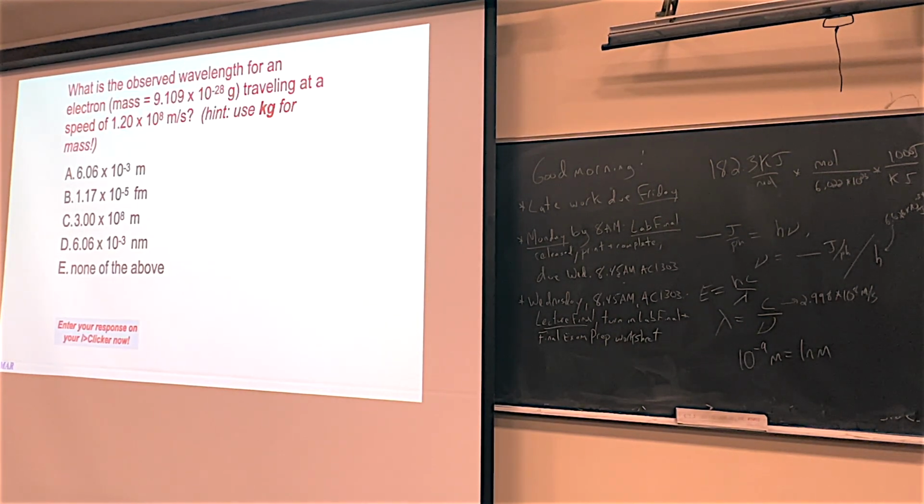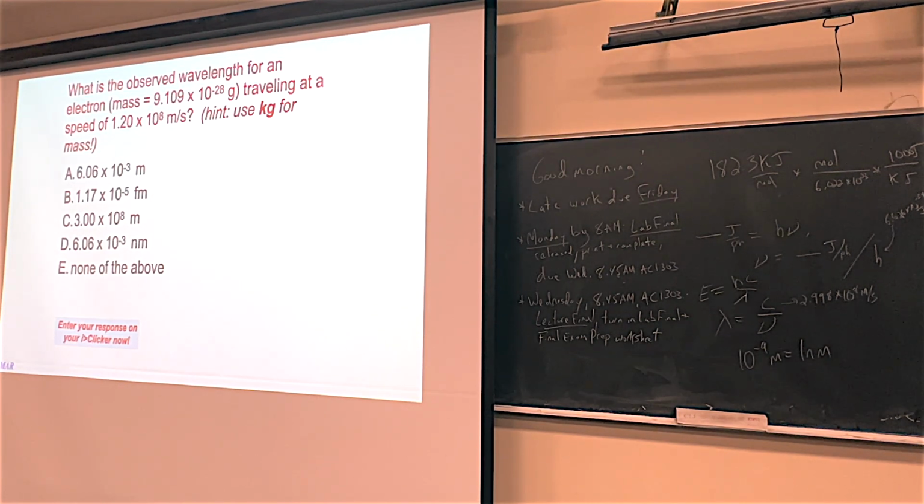Now, here is another kind of question you're going to see. Everything we've done so far has been electromagnetic radiation: visible light, ultraviolet, gamma rays, radio waves, stuff like that. But particles, when they're small enough, will have a wavelength associated with them as well. You know that this is a particle problem because you're seeing grams or kilograms.